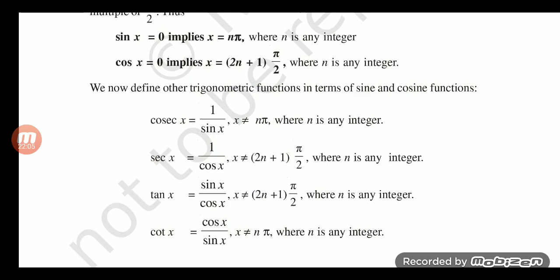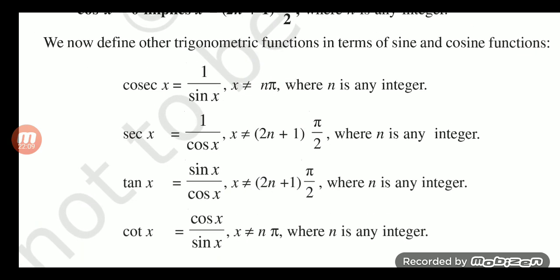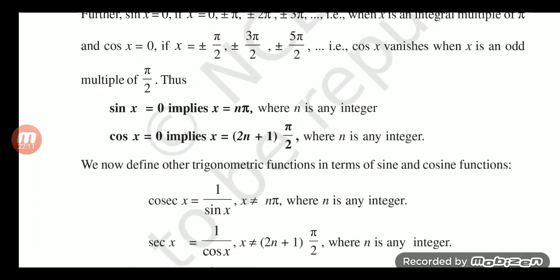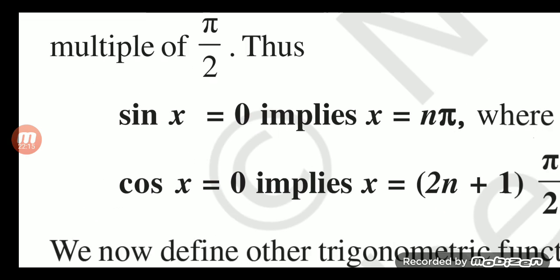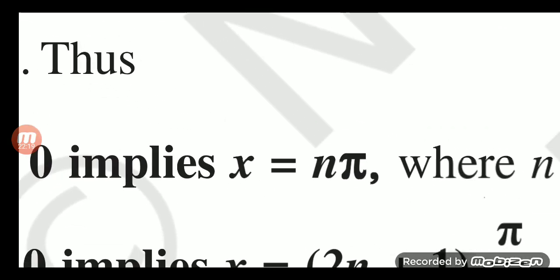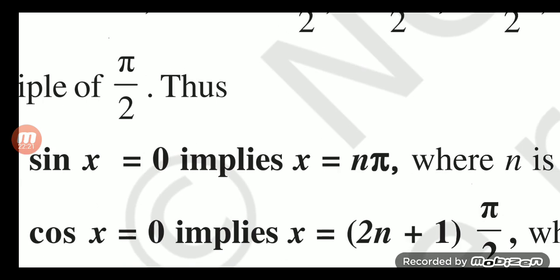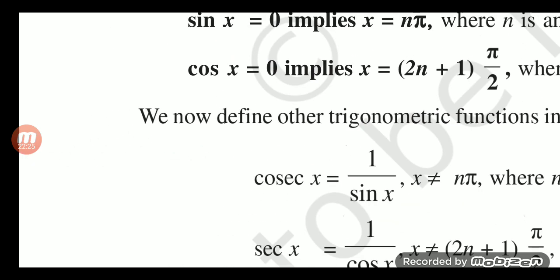I hope you've done your homework. You must have noticed one thing, right? If x equals n pi, then sine x will be 0.